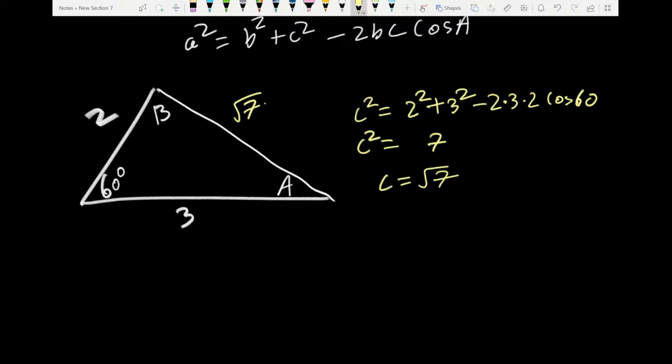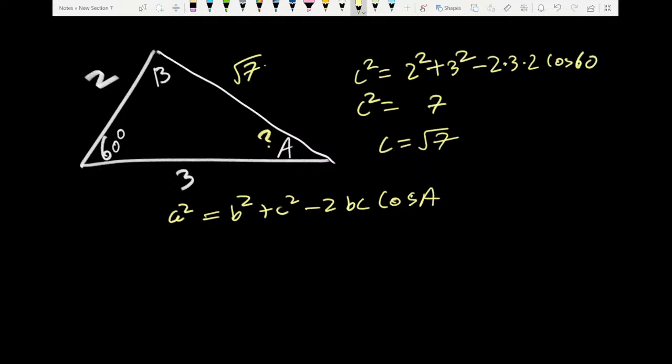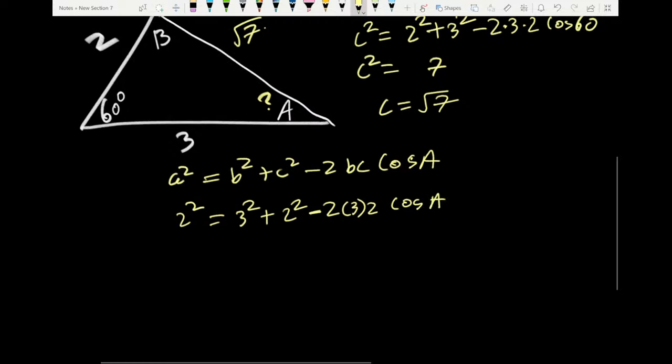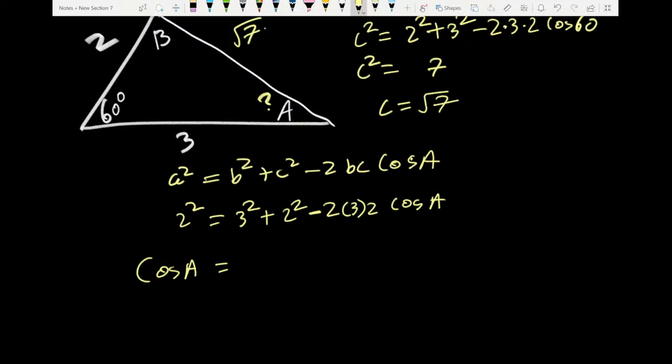Let's find angle A. A squared equals B squared plus C squared minus 2BC cosine of angle A. So you get 2 squared equals 3 squared plus 2 squared minus 2 times 3 times 2 cosine of angle A. So what is cosine of angle A? 4 minus 9 minus 4 over 2 times 3 times 2.